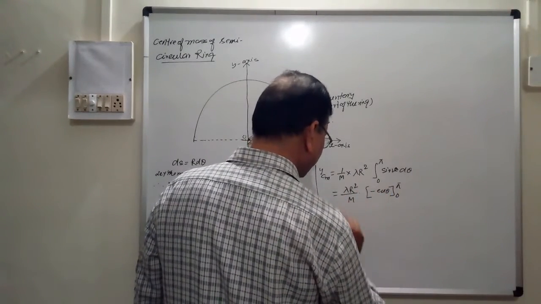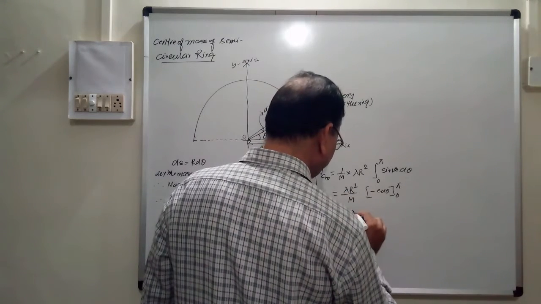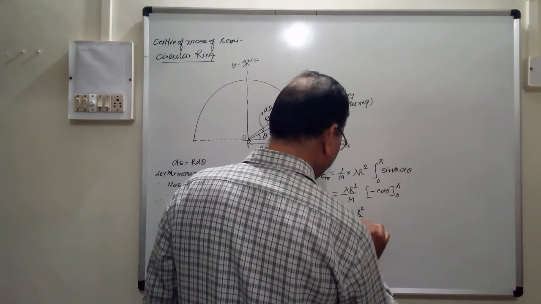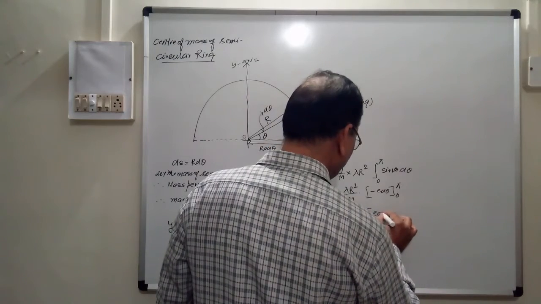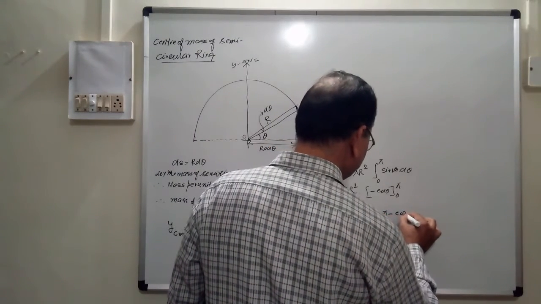Taking the minus outside, it is minus lambda r square by M times cos pi minus cos 0.